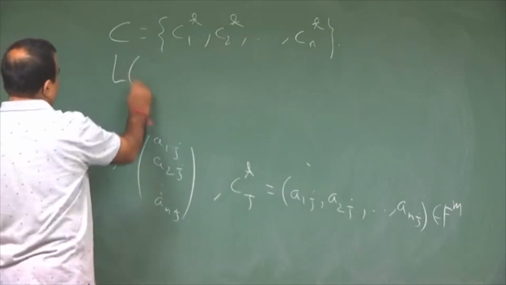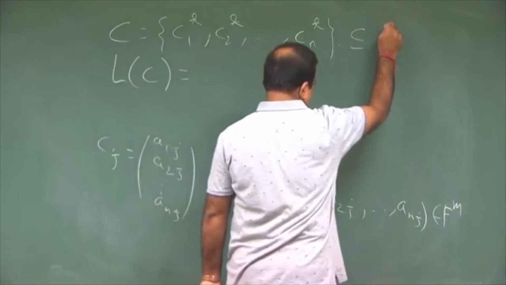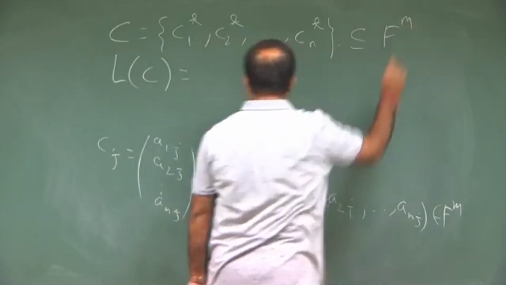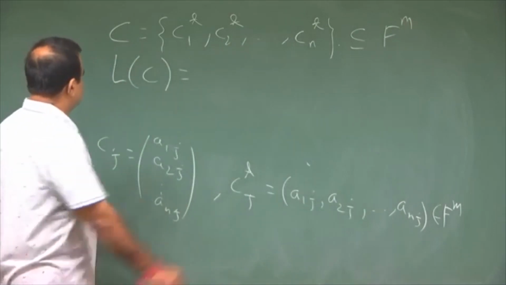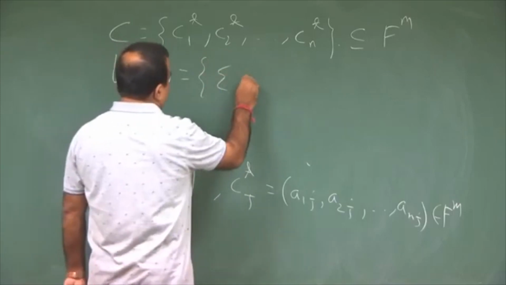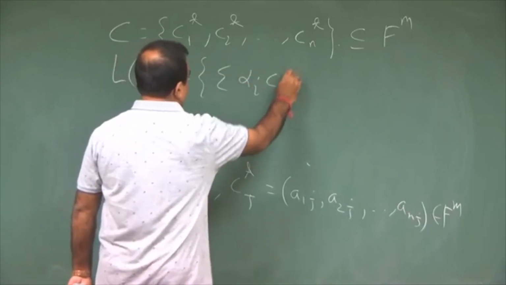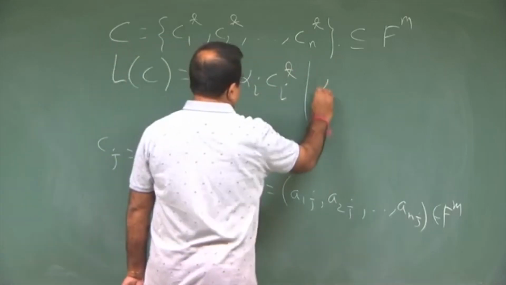If you take the linear span of this, that is nothing but the linear combination of alpha i C i t, i equal to 1 to n, all possible combinations.